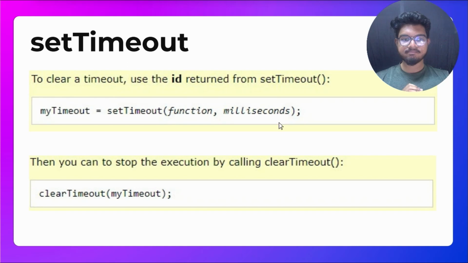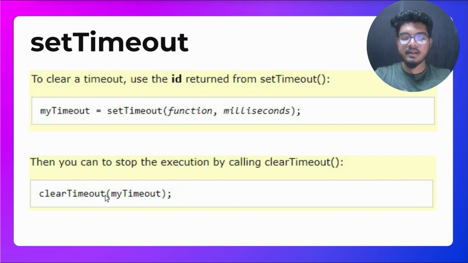Clear? Then you can stop the execution by calling clearTimeout, once you don't want this setTimeout to be executed. In the coming slide, if you refresh the page or do some stuff, you don't want it to be executed once again. So in that case, we are storing that in a variable called myTimeout. That myTimeout is nothing but an ID, and that ID is passed to clearTimeout.